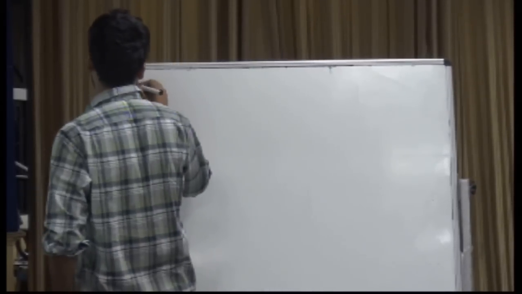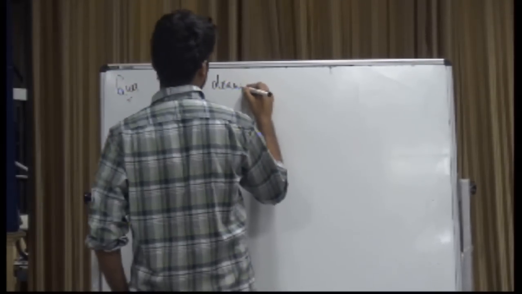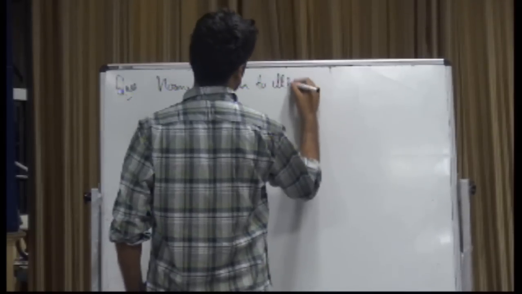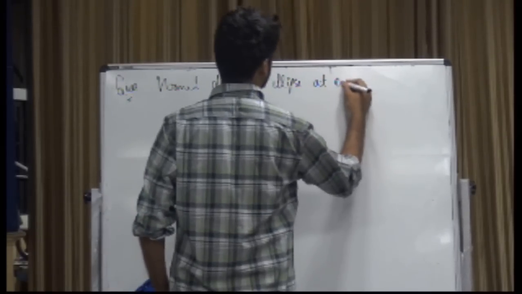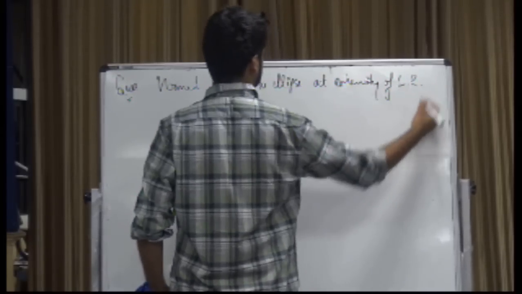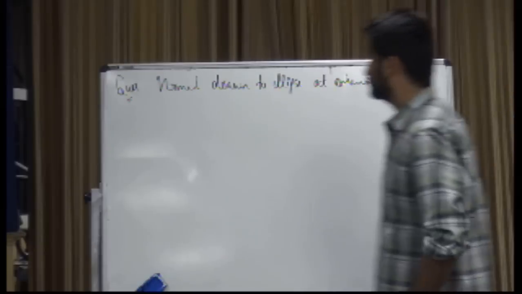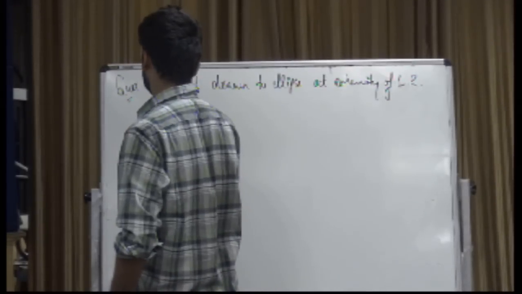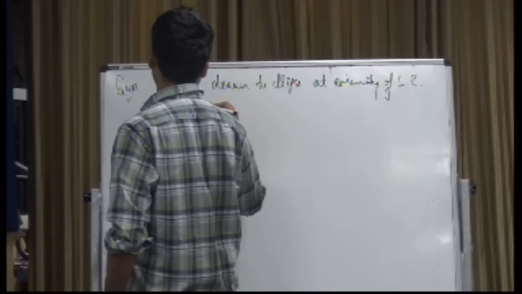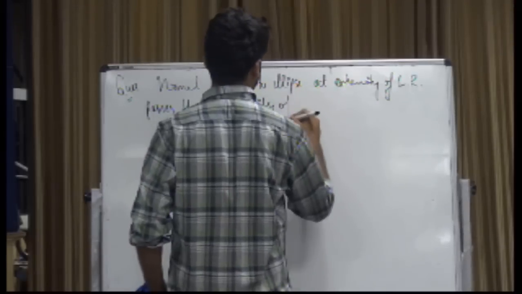So write down the next question. Normal drawn to ellipse at the extremity of the latus rectum passes through extremity of minor axis.